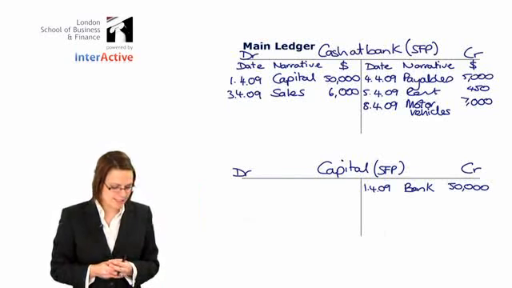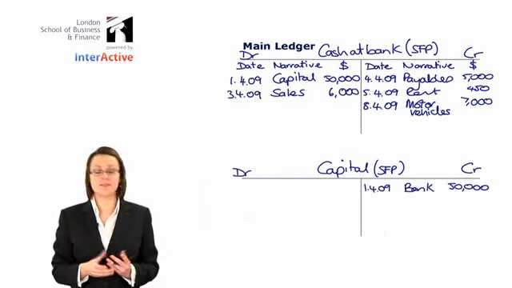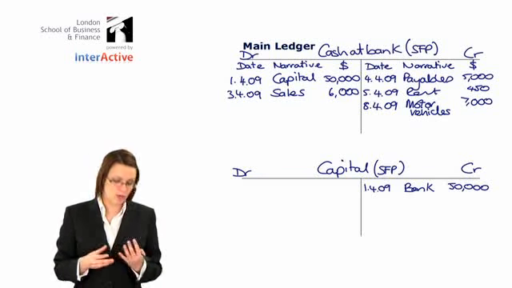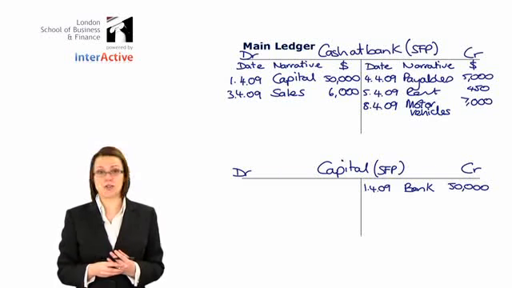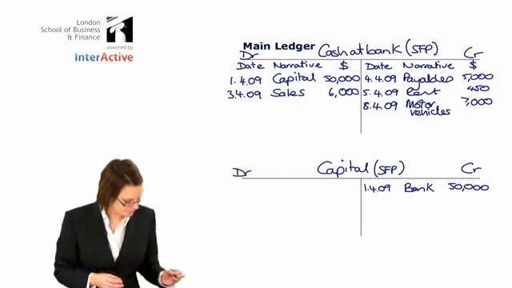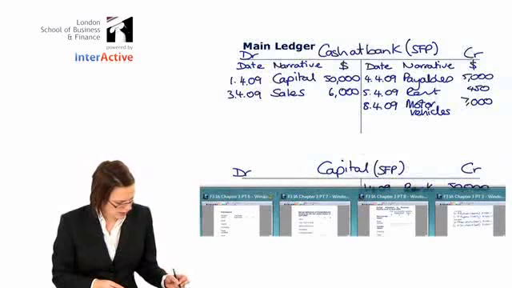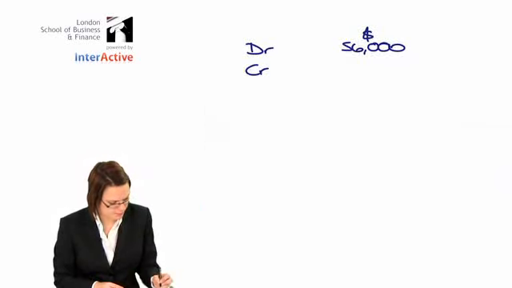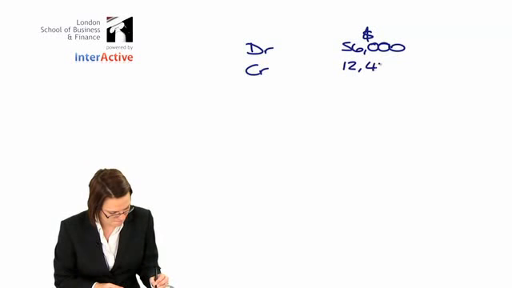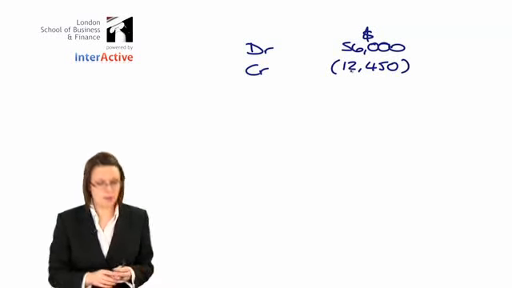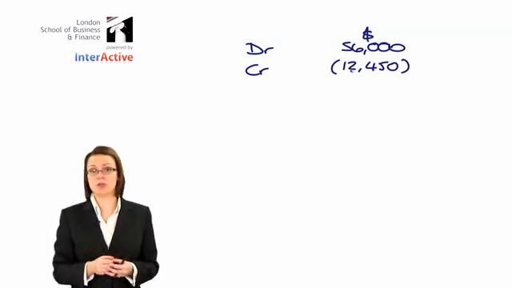We can see that 5,000 plus 450 plus 7,000 is going to give us 12,450. So, adding those three totals down, that would be the credit side total.